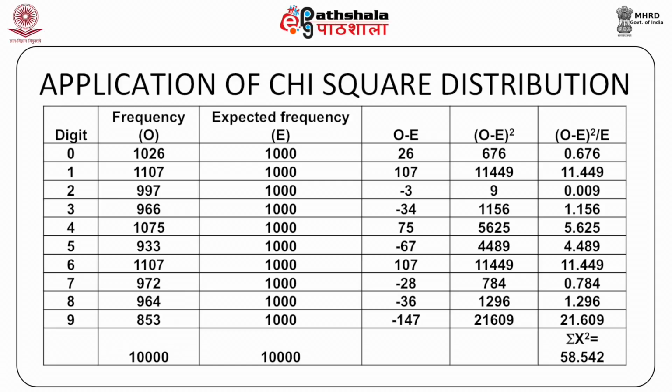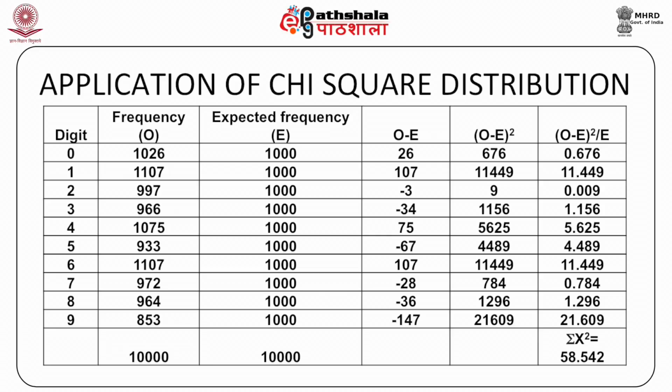The expected frequency is 10,000 by 10, which is 1000. The difference between the actual frequency and expected frequency is calculated in column 4 with O minus E, which is then squared in the next column and then divided by E in the last column.